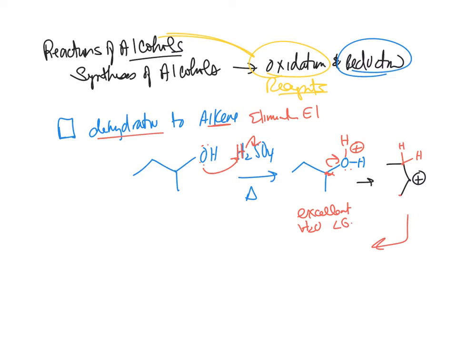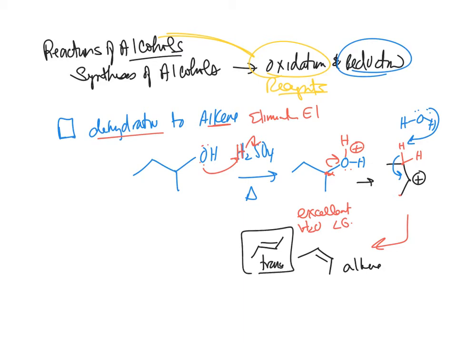Then another molecule of water will come in and deprotonate, and you get an alkene. The majority would be trans, because trans is thermodynamically more stable, which is Zaitsev's rule.